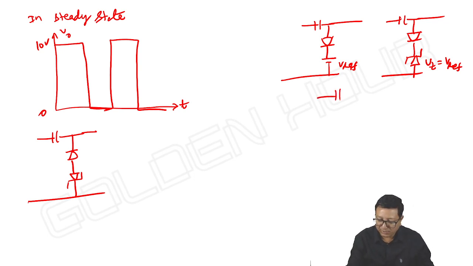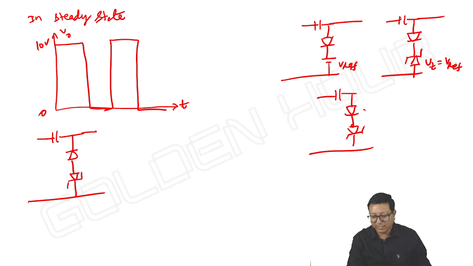Here, you can't take the Zener diode downwards, because when the diode conducts, this will also conduct. And the capacitor voltage is equal to input minus 1.4, and that's what we can take. And once the diode is off, both are off, and there is no scope for this to undergo breakdown.